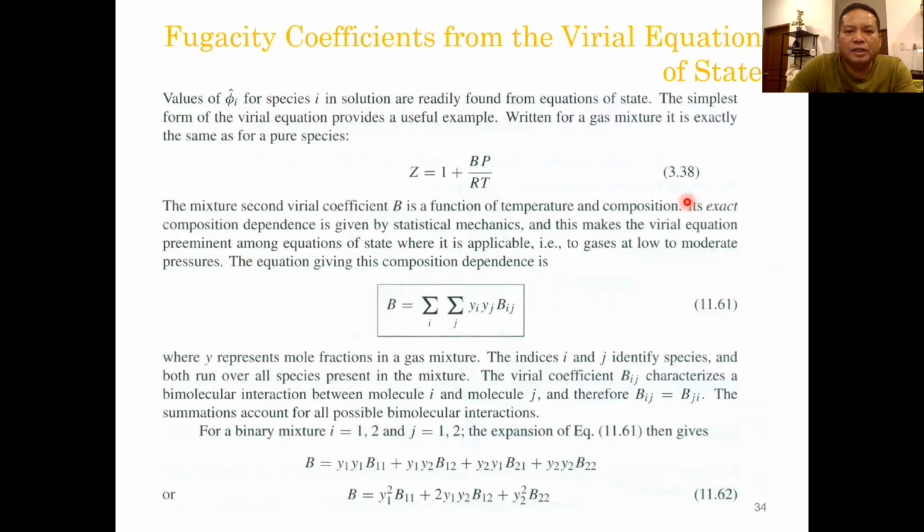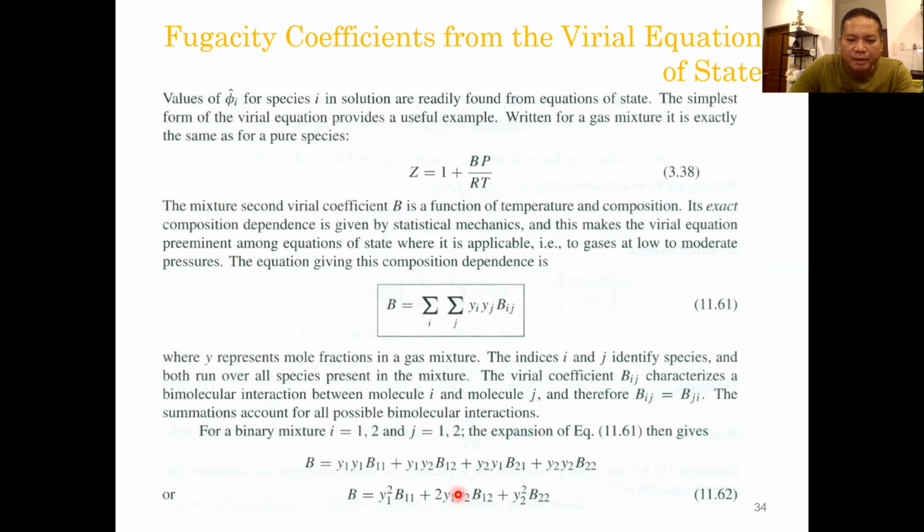Now, the viscosity coefficient from the virial equation of state. We have seen this before. Z values, from 1 plus BP over RT. B is from the second virial equation, which can be written into this form here, and we can expand it into this.